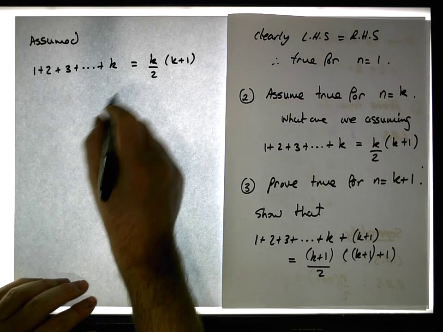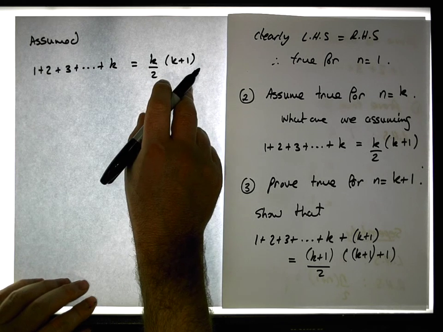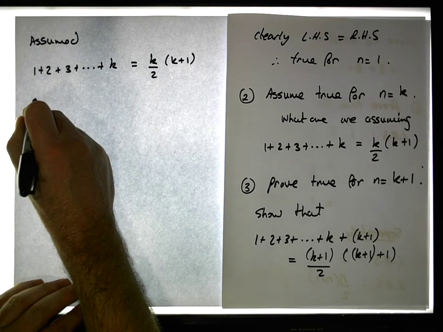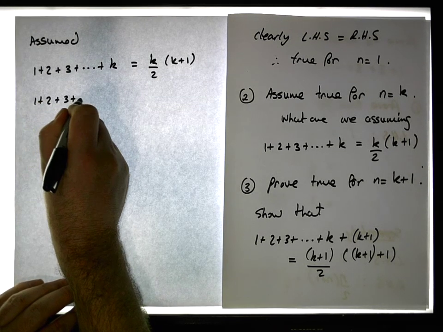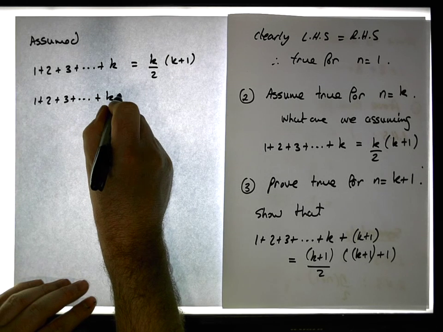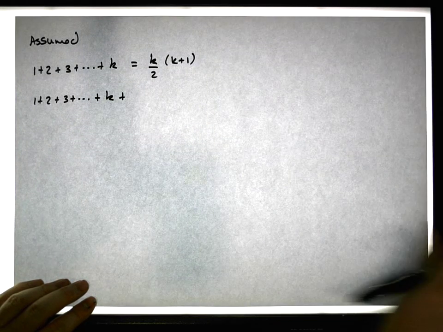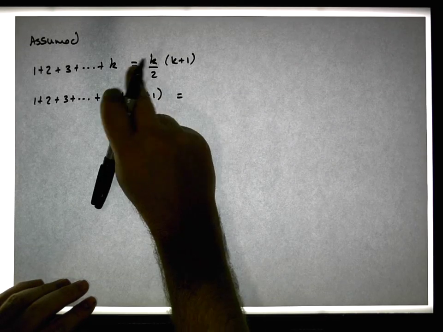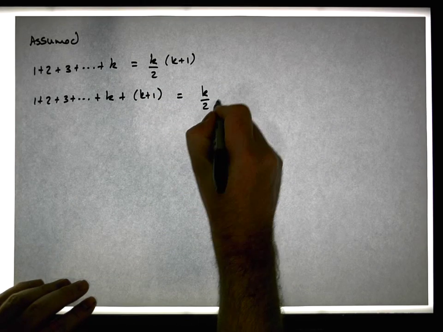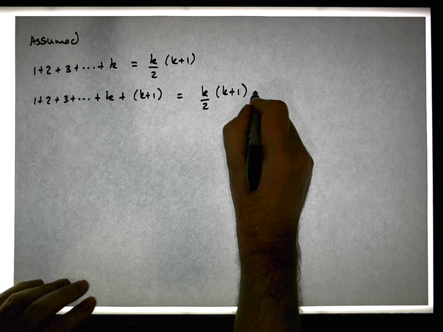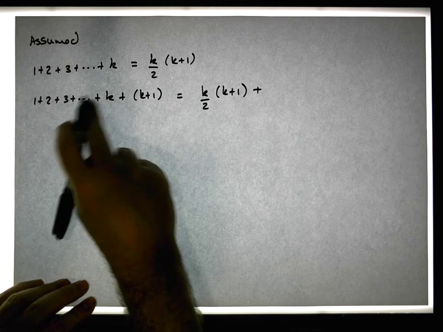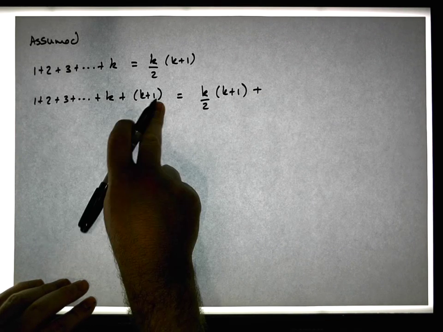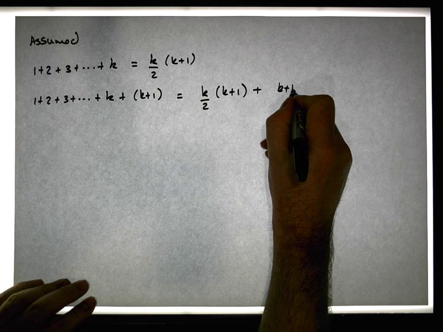Therefore we must have 1 plus 2 plus 3 plus all the way through to k plus k plus 1 equal to k over 2 times k plus 1 plus what we've added on. We've added k plus 1 on over here, so we need to add it on over here.